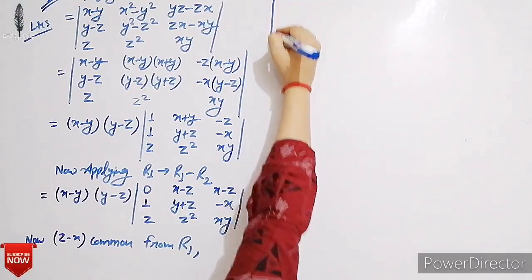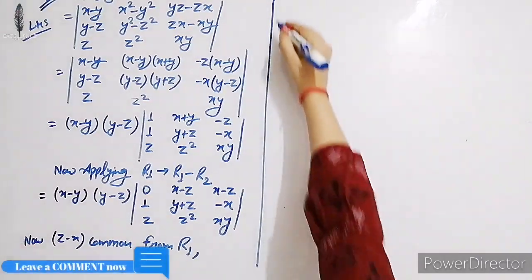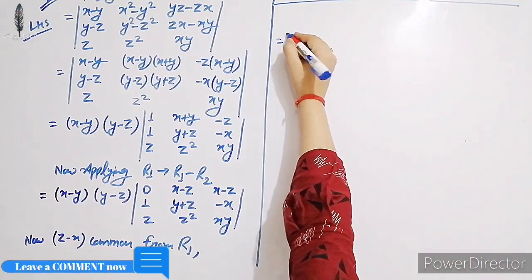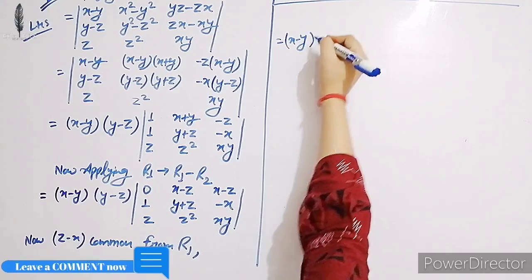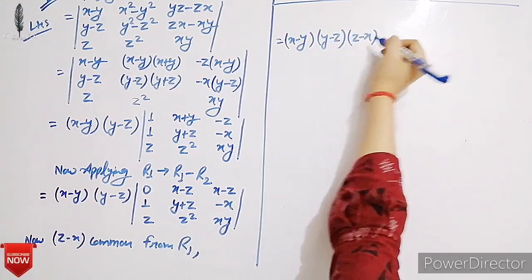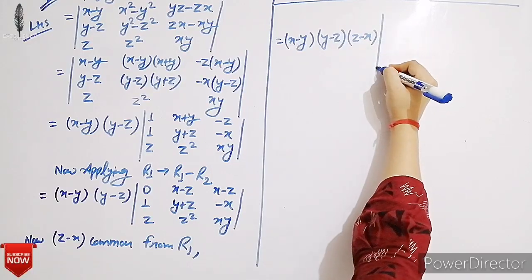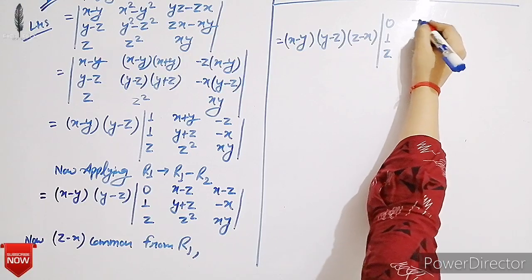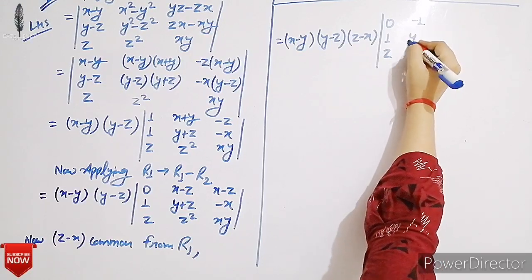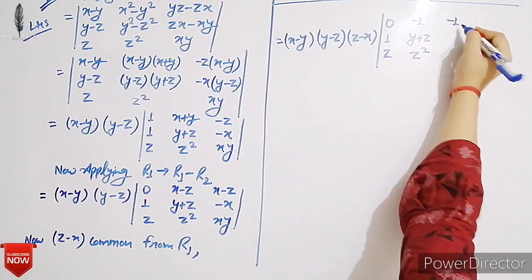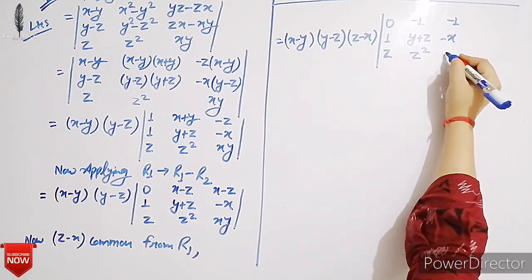Then we have it is equals to x minus y, y minus z, z minus x into 0 1 z minus 1 y plus z, z square, here minus 1 minus x, xy.